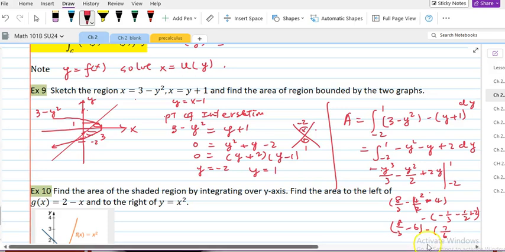Not 4 squared, but 4. Minus 2, minus 4, so it's minus 6. Minus 18 over 3. 8 minus 18 would be negative 10.